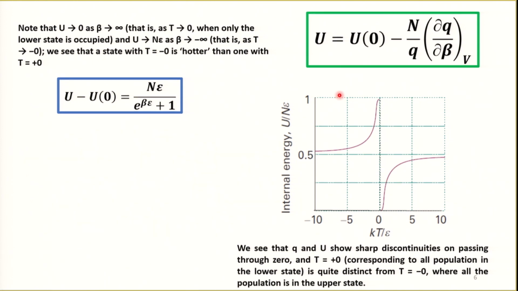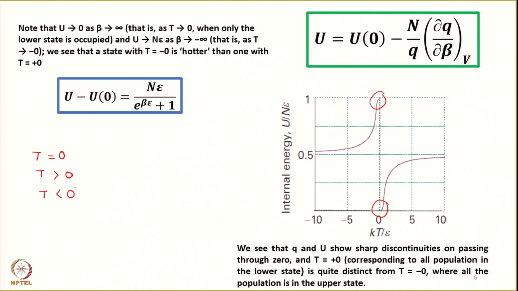Let's further discuss what this means. When T is equal to 0, or T greater than 0, or T less than 0, we notice there is a sharp discontinuity. We also notice that when T is positive, approaching T equal to plus 0, we are talking about cooling, cold.